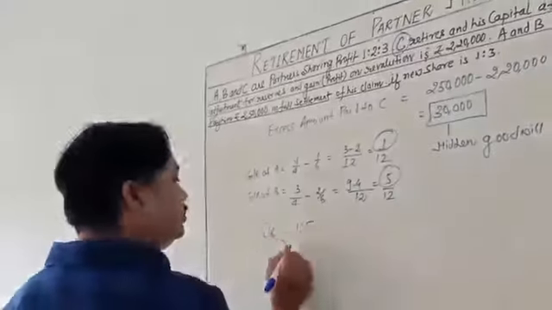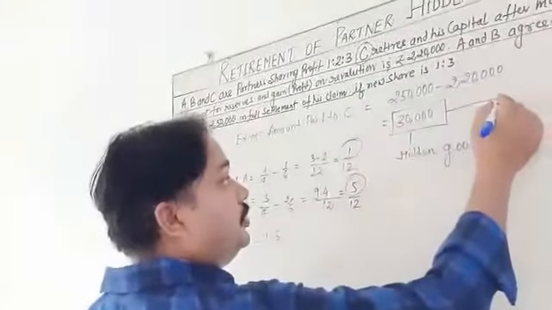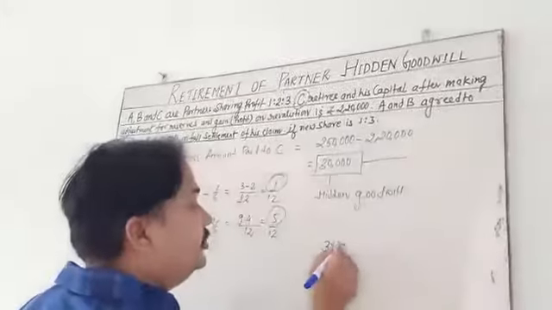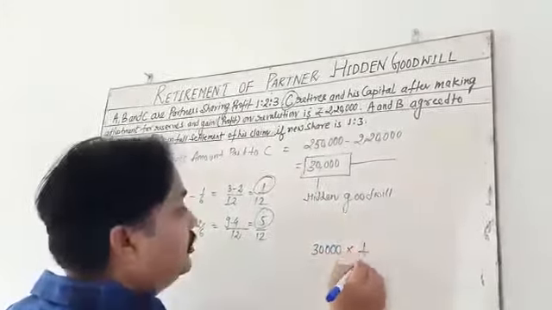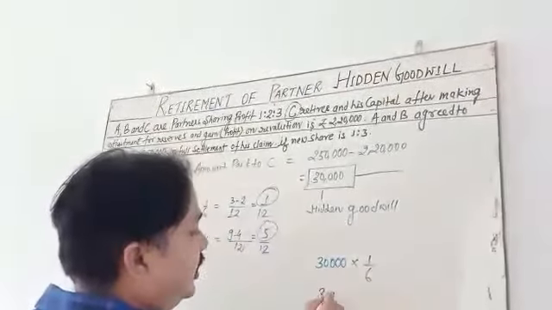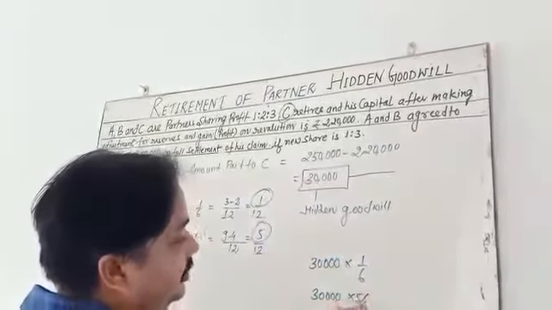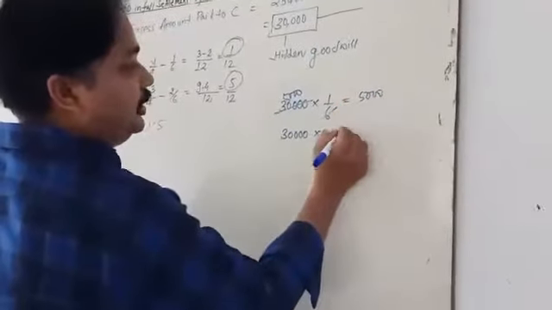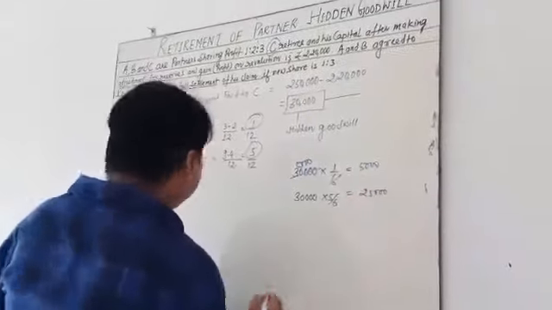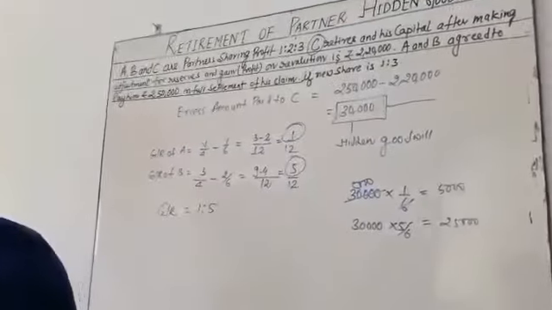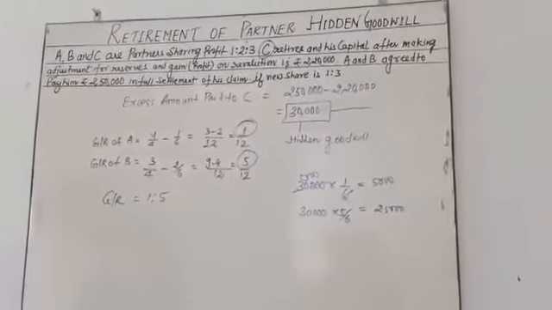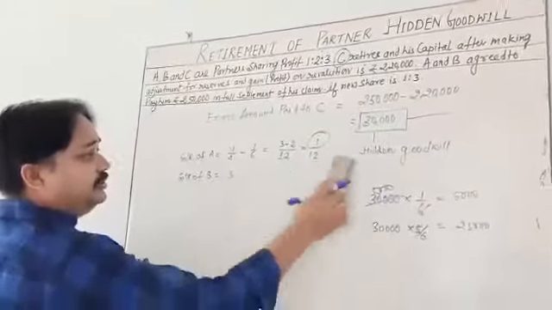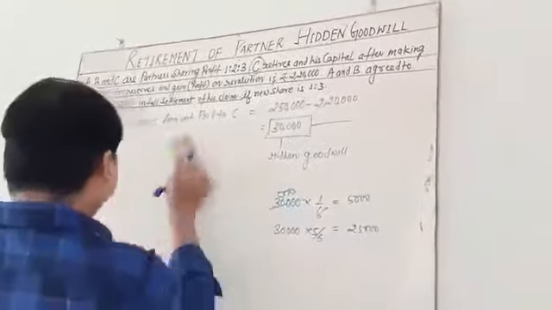This 30,000 rupees is going to be distributed. 30,000 multiplied by 1 by 6 is 5,000, and 30,000 multiplied by 5 by 6 is 25,000. So, my dear student, what do you observe? C is the retiring partner. You pass the journal entry.